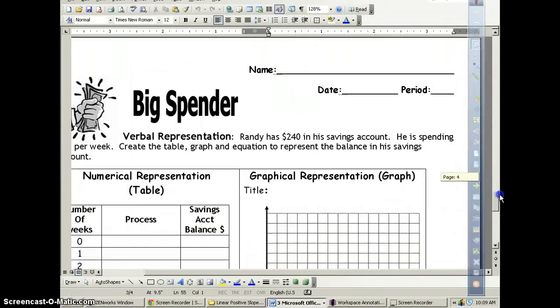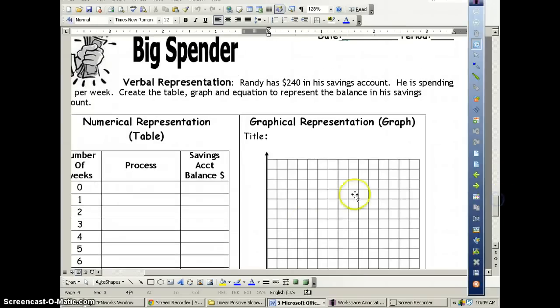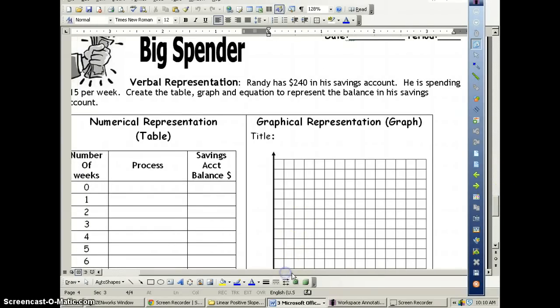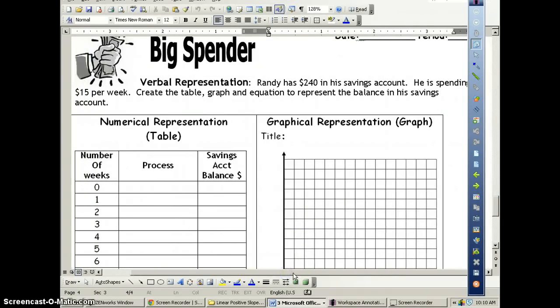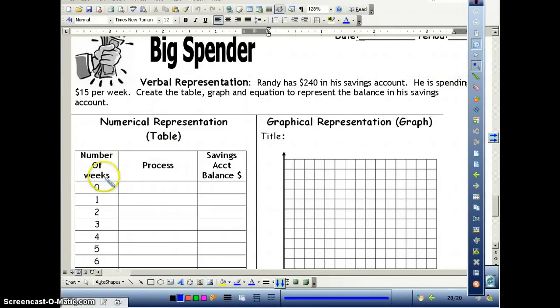Okay, one more thing you got to do is Big Spender. Big Spender says, Randy has $240 in his savings account. He is spending $15 per week. Create a table, a graph, and equation to represent the balance in his savings account. Okay, at week 0, he opens up his savings account, and how much does he have in his savings account at week 0? $240.